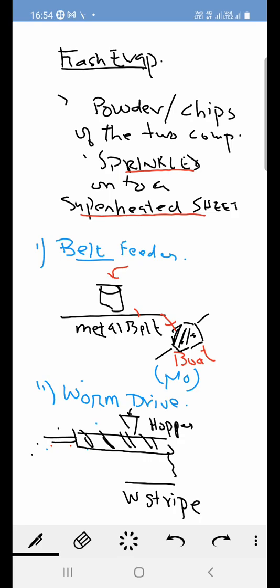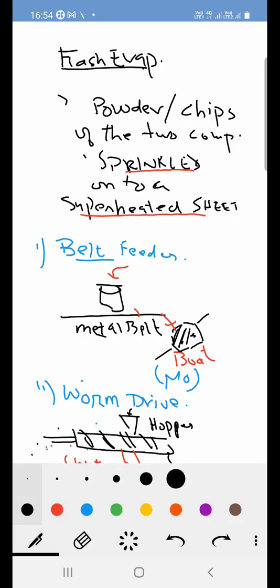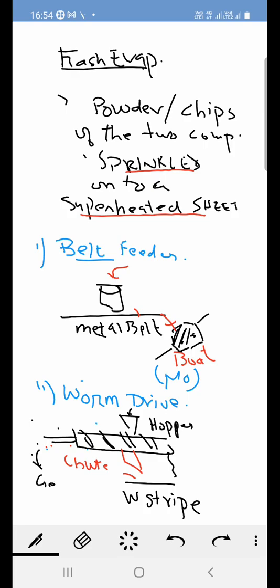This is how the material falls onto this tungsten strip, and it is called a chute, C-H-U-T, chute. This is the gear. The gear rotates, and the feed is given into this hopper. It rotates and ultimately transfers the material onto this tungsten strip. This is called the worm drive feeder.